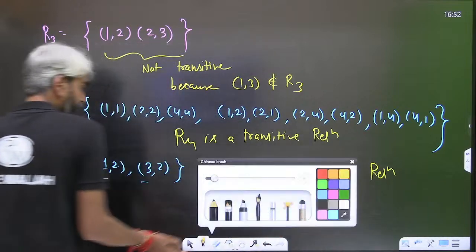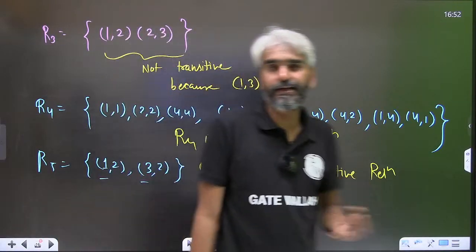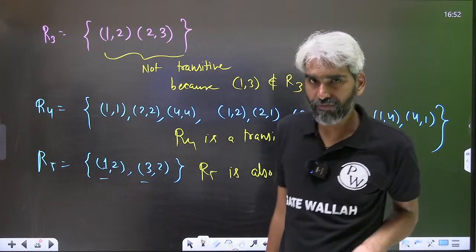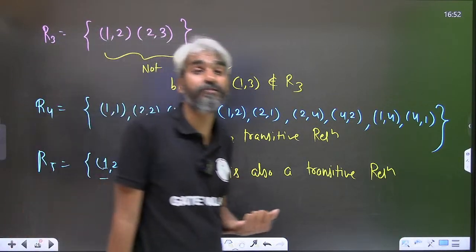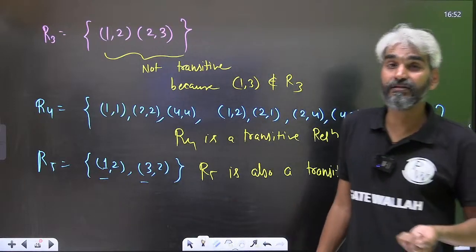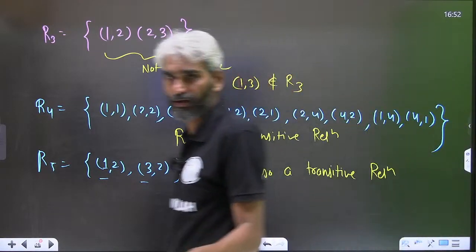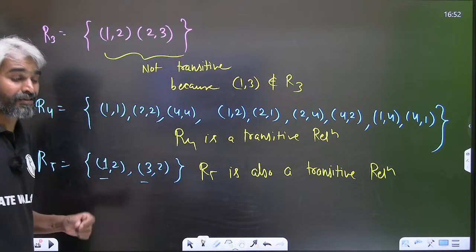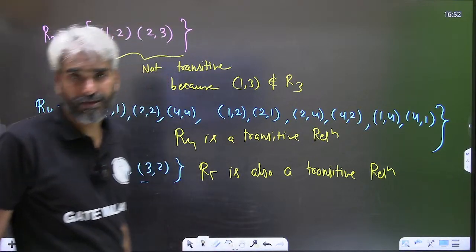Now, you may be thinking that, sir, you have given us the number of diagonal relations on set A, number of reflexive relations, irreflexive relations, symmetric relations, antisymmetric relations, and asymmetric relations on set A. Do we also define the number of transitive relations on set A? No, sir, we do not define. We cannot generalize in a single term, in terms of n, for transitive relations.